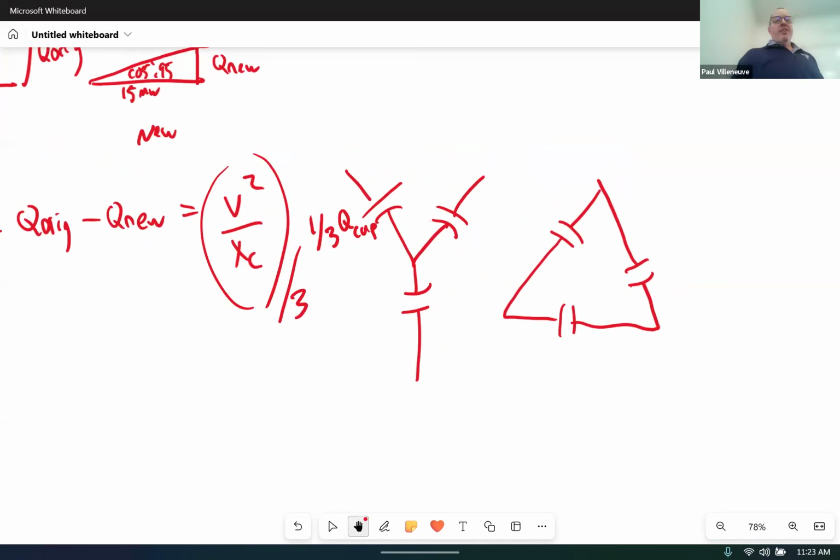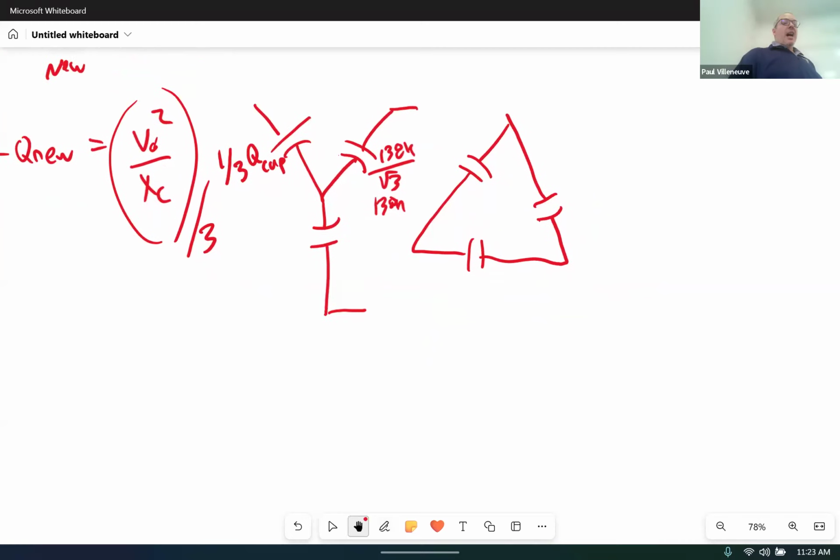And the reason why I showed this, Y or delta, is because this voltage here has to be a phase voltage. You were given 138 kV, but that's across the line. I would have had to divide that by the square root of 3.